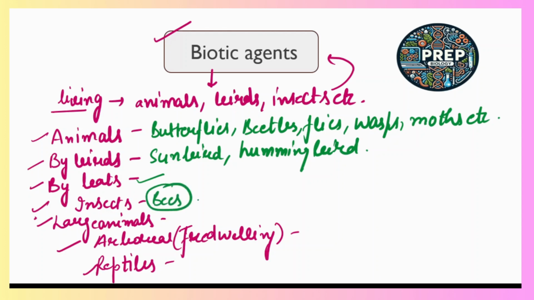Okay, the most dominating type of insect by which the pollination occurs is the bees. We have the large animals like primates, like lemurs.